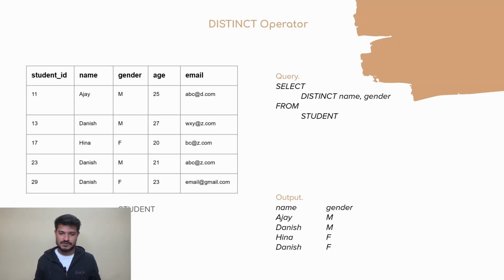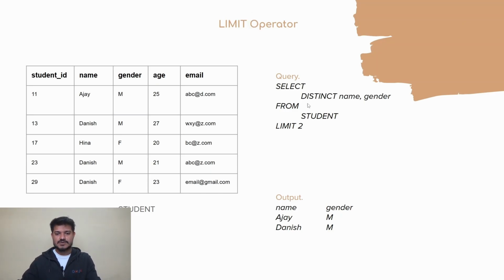So we have learned about order by and distinct. Now there is a very small concept, that is the limit operator. It's a very simple concept. Let's say you want to fetch only a certain number of rows, not the whole thing. The database is huge, you are writing some query and you only want like 10 rows out of there.